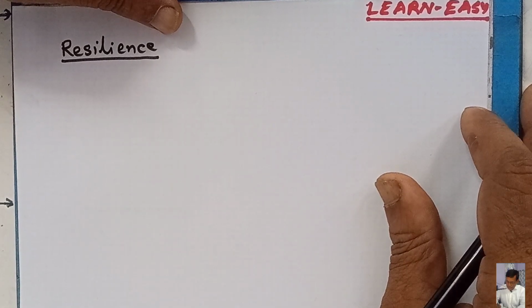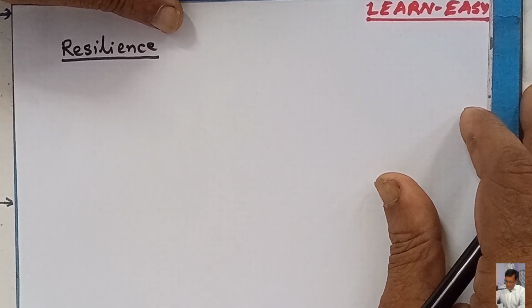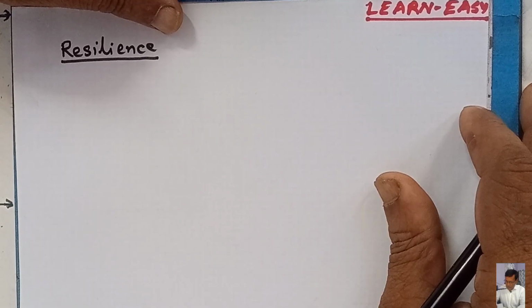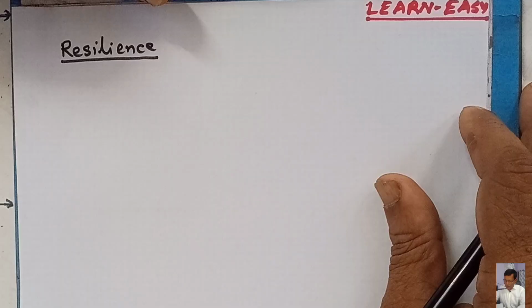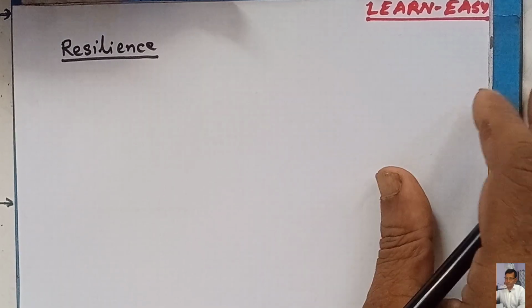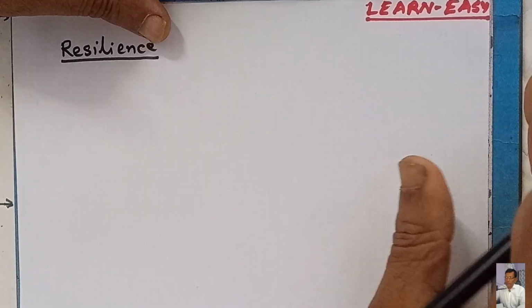Today in this session we will discuss resilience, proof resilience, strain energy for gradual and suddenly applied load. Resilience is the ability of a material to absorb energy when it is deformed elastically and then release that energy upon unloading.